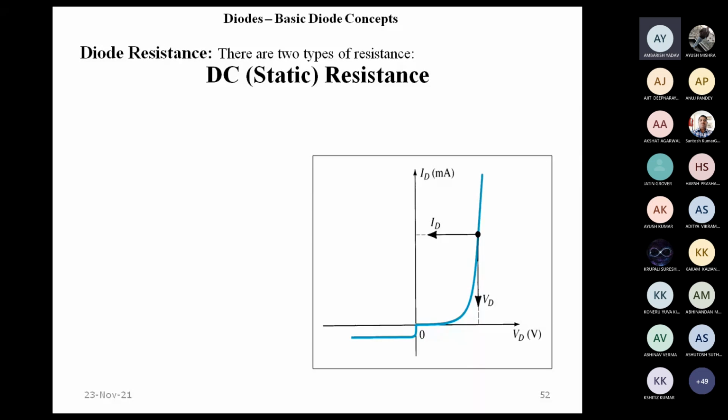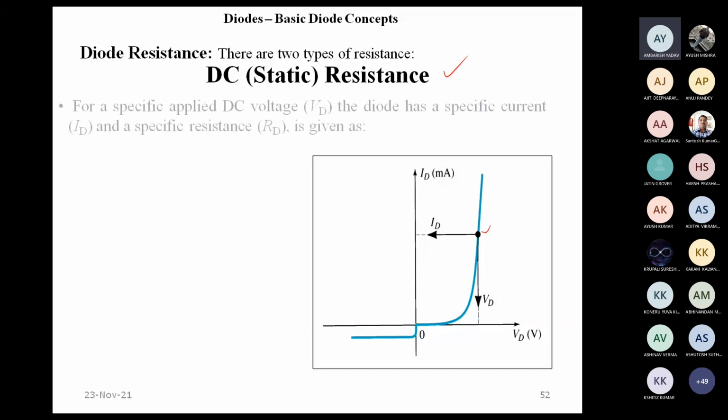So the first parameter we look at is DC static resistance. In the IV characteristic of the diode, if we choose any point, say here, then the ratio of the corresponding values of voltage and current gives something called resistance.